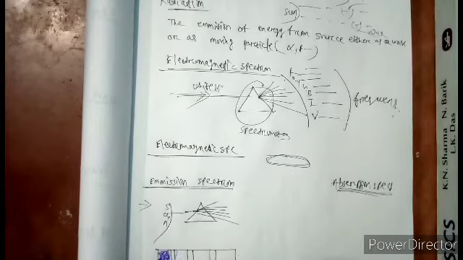Here the bright lines are separated by dark lines.